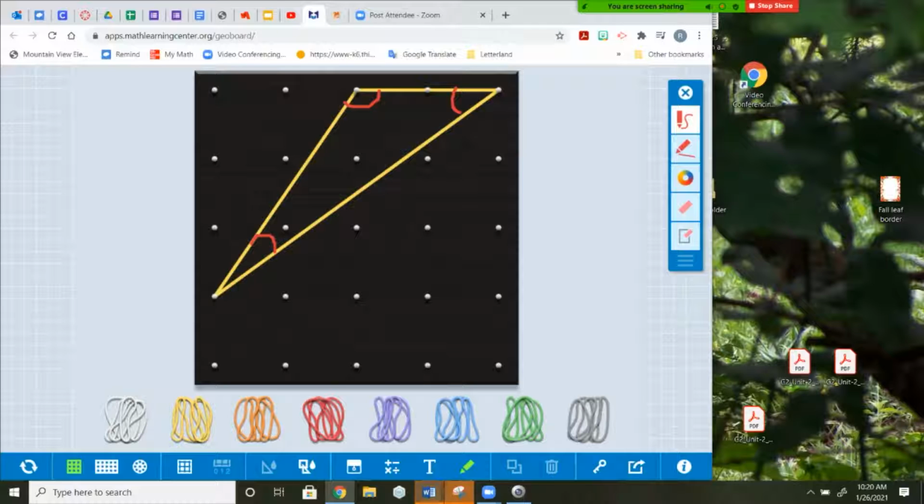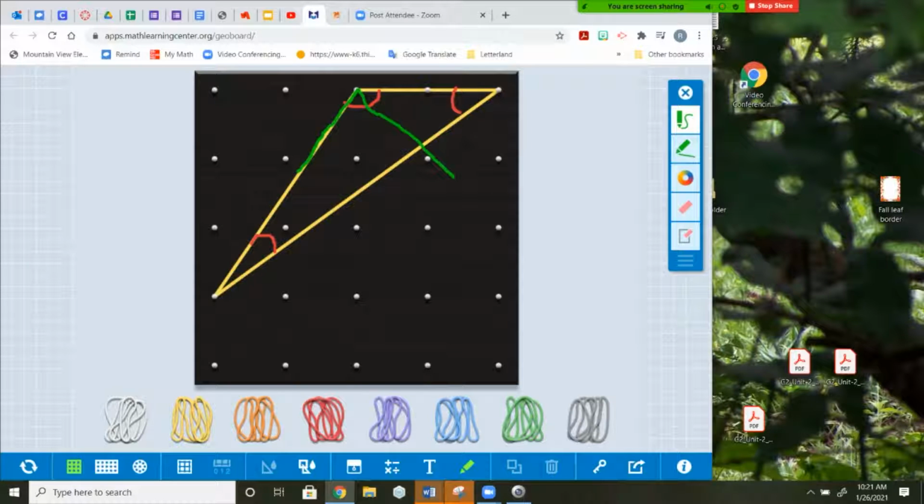What about this one? Let me change my color. And I'm going to try to draw what a piece of paper would look like if I put it in the corner. So I've got my side right here. And then the other side will go up here. Sorry about the curve right there.